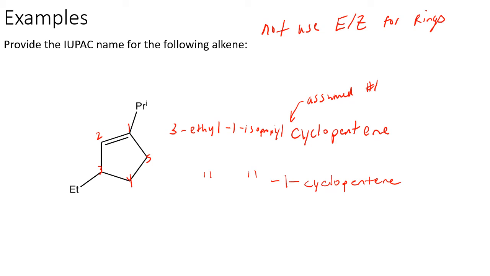But it's just assumed to be at position number 1 because it's in a ring. We have to give the double bond the lowest priority, so where else would it be? And just a reminder also, this iPr with a superscript there, that's just the abbreviation for this common group, which is our isopropyl group. Just like Et is the abbreviation for an ethyl group coming off. So you also want to know those common abbreviations because they're used all over the place.